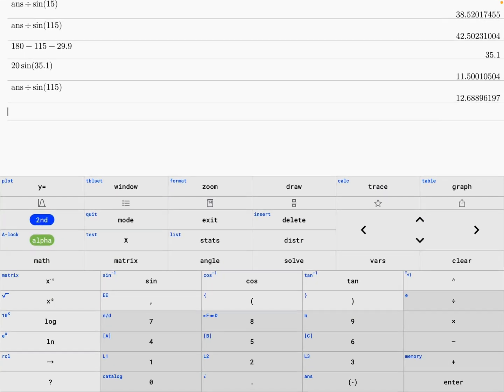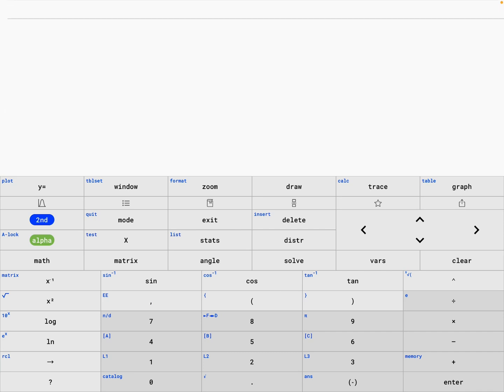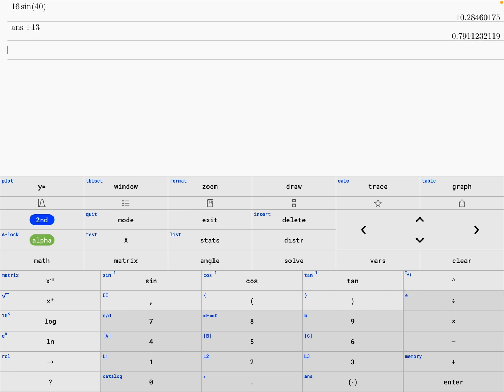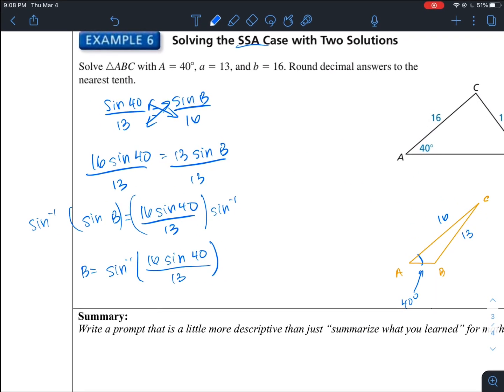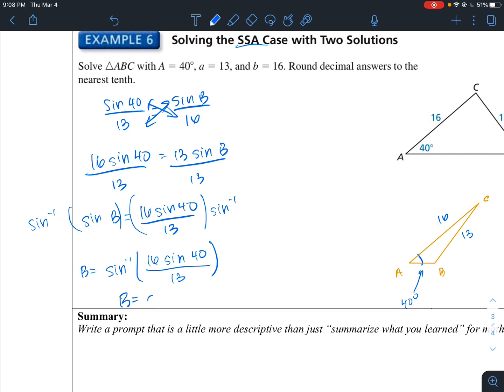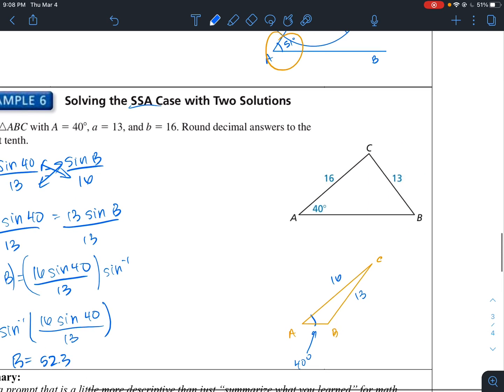So that's going to be 16 sine of 40 divided by 13, and then I'm going to do arc sine of that value, and I'm going to get 52.3. So B is equal to 52.3 degrees.